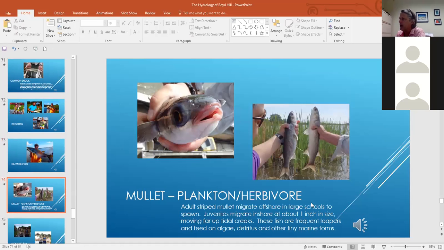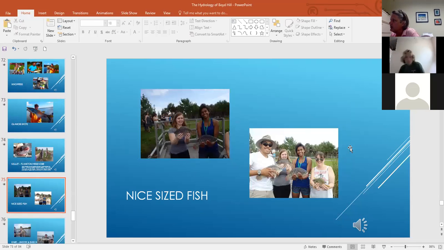The mullet are common. They are plankton eaters. They're the ones that jump out of the water. You're not going to catch them on a hook because they eat plankton. Here's a lot of tilapia. They're very common, and that's a bluegill right there, but a lot of tilapia.